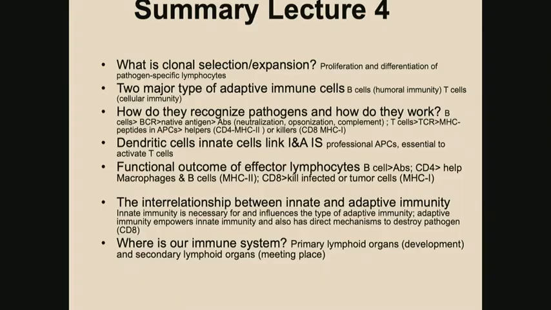Okay. So we said there are two major types of adaptive immune cells, the B cells that produce antibodies. Because antibodies are soluble, this has been called, traditionally, humoral immunity. We typically don't refer to it like that anymore, but I'm giving you the terminology just in case you read it as such.